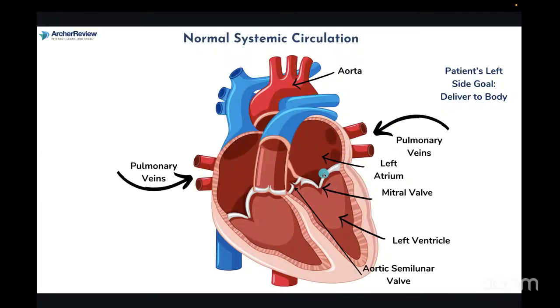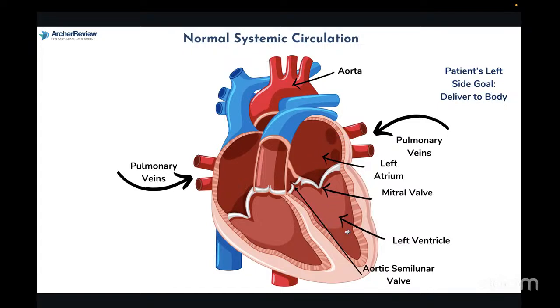Then it passes through the mitral valve, also known as the bicuspid valve over here. Those words are interchangeable. Once it passes through that mitral or bicuspid valve, it pools down into the patient's left ventricle. So notice how systemic circulation all takes place on the patient's left side of their heart.